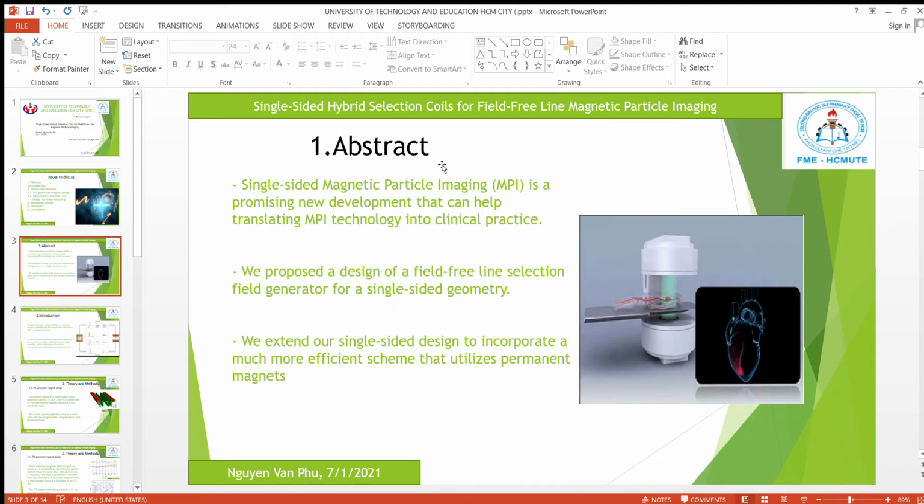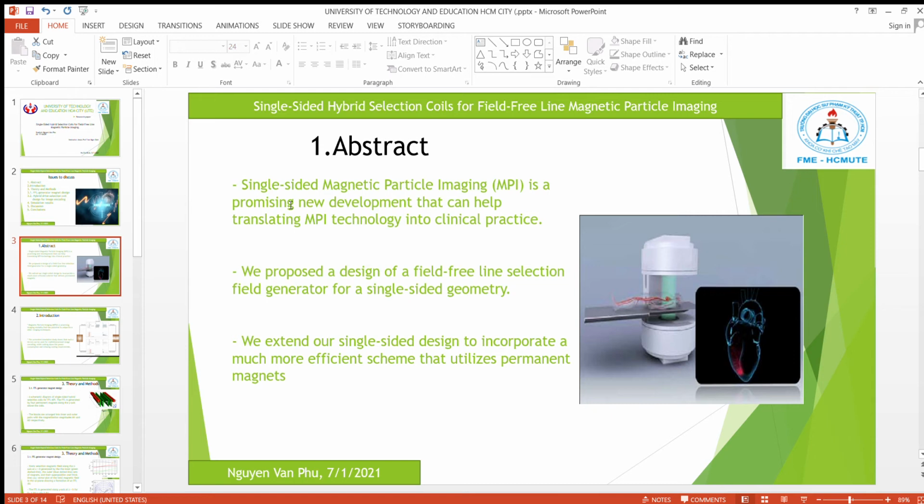1. Abstract. Single-sided magnetic particle imaging (MPI) is a promising new development that can help translating MPI technology into clinical practice.